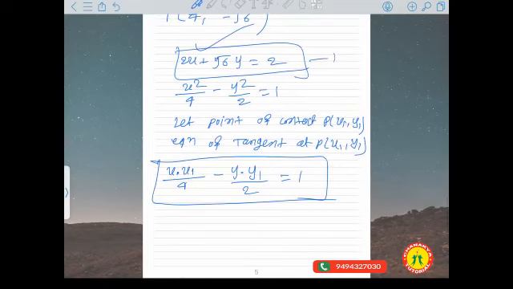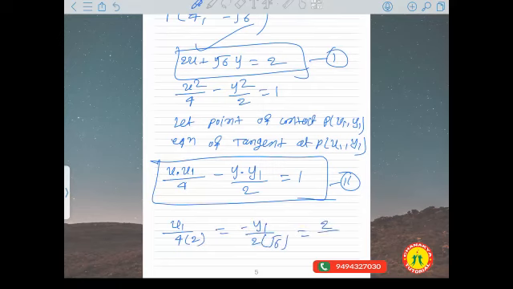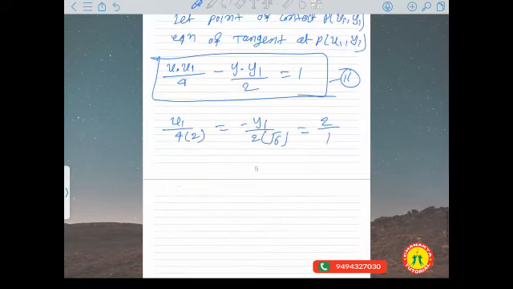Both are tangents, equation 1 and equation 2. So both must be identical, right? So x1 by 4 upon 2, the coefficient of x, is equal to minus y1 by 2 upon root 6, is equal to 1 by 2.